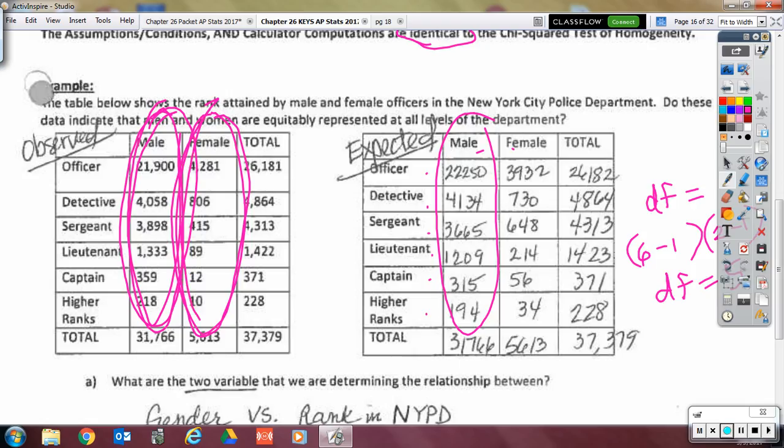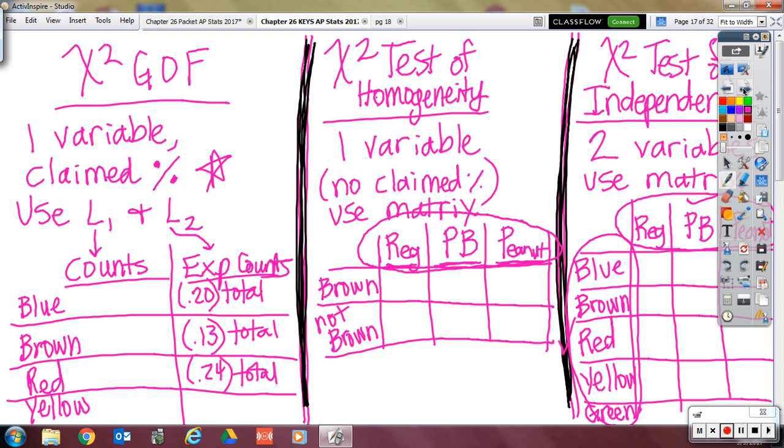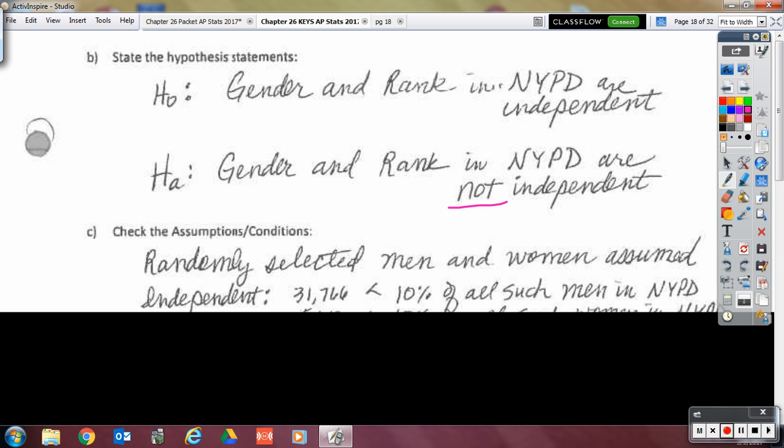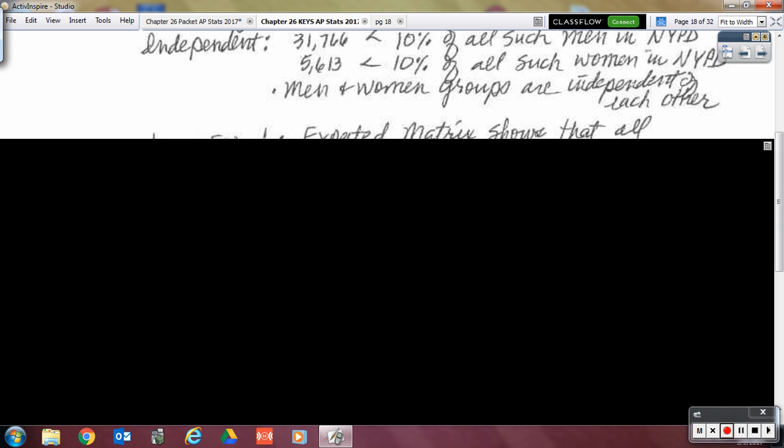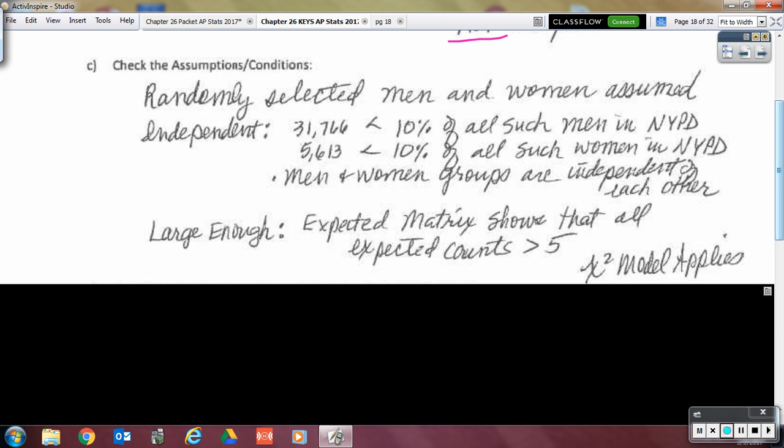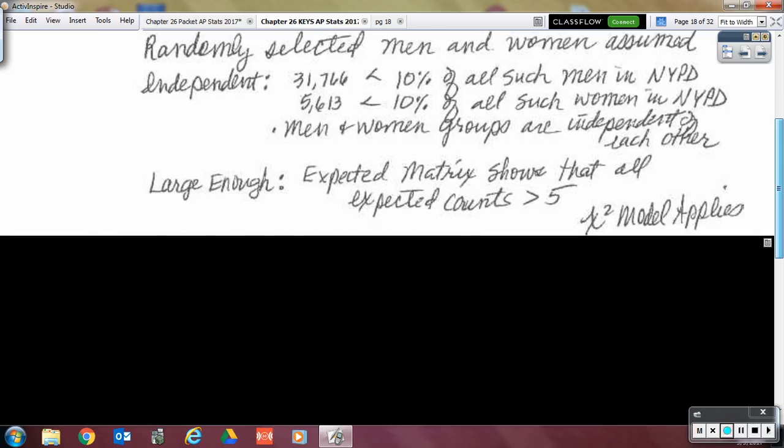This problem is about the two variables being independent. Is gender independent of rank? That's why you still say men and women are independent of each other. See? I just love it when people think, and makes me wonder, and then I get to try and figure that out. Okay. Large enough: as you could see from that other matrix, all expected counts are greater than 5, so the chi-squared model applies.